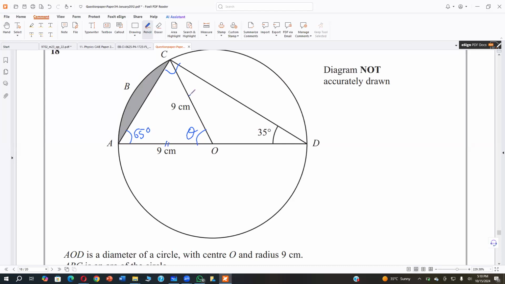This is an isosceles triangle, so this angle will also be 55. And theta will become 70 then.